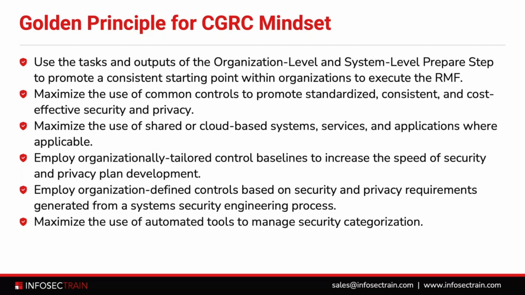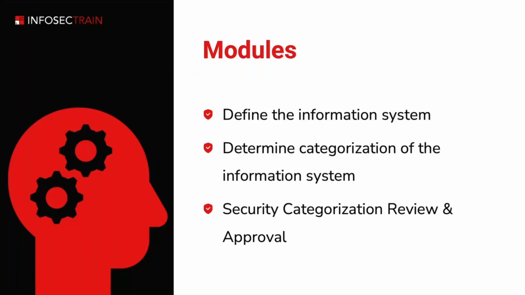Now, we'll be touching upon the modules of Domain 2, system scoping. In this, we will understand what is meant by an information system, how we can determine the categorization of the information system, and then the security categorization review and approval.